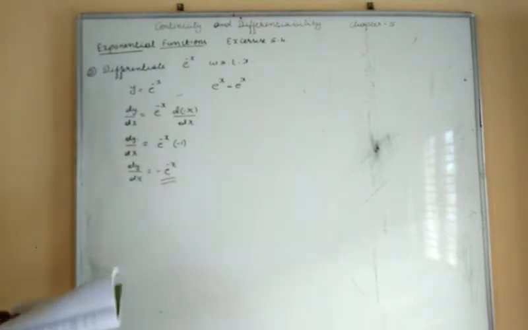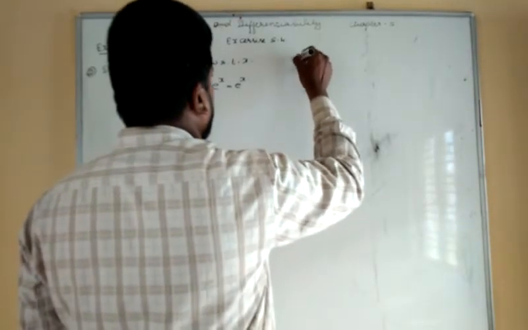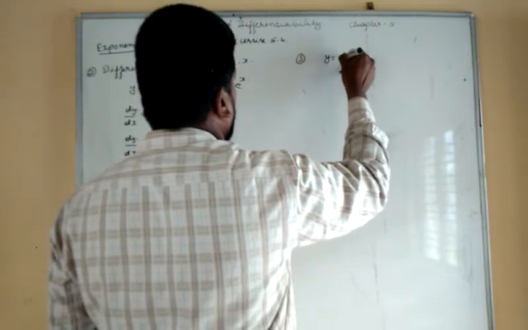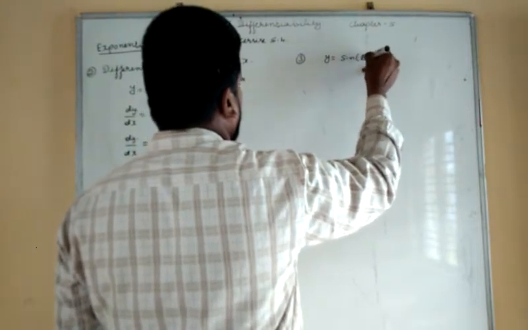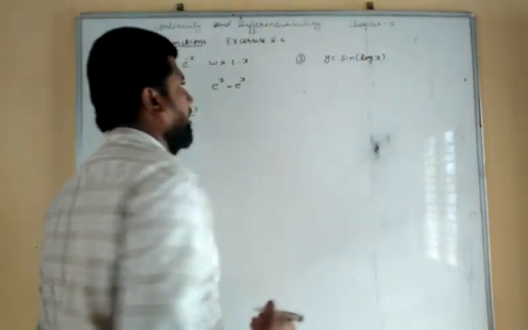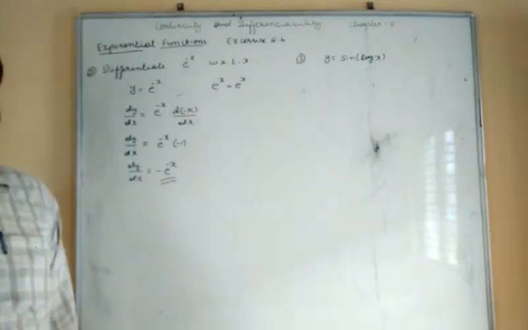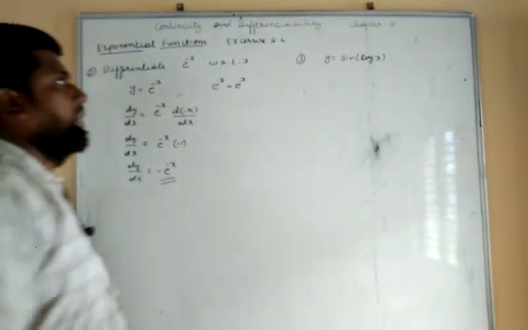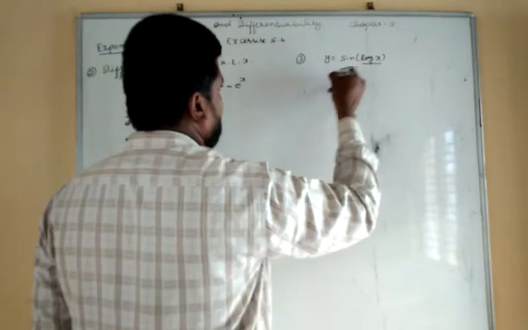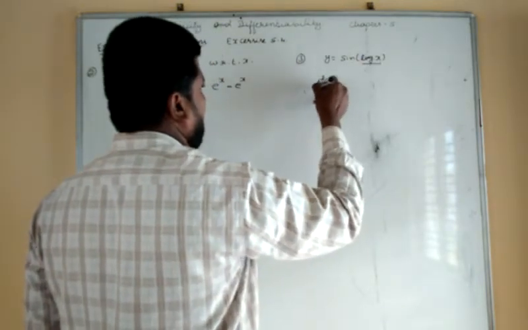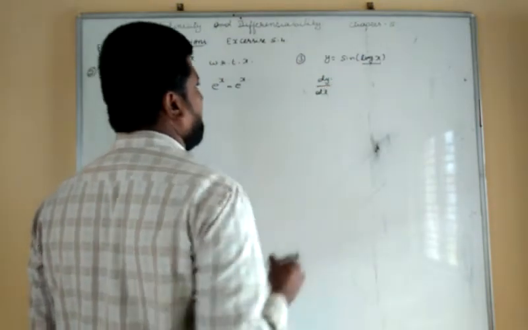Okay, take down the next question. Third one: y is equal to sine of log x. You can solve this directly or by the substitution method. In the place of x here, log x is there, so it is a chain rule. The problem is in the form of chain rule.